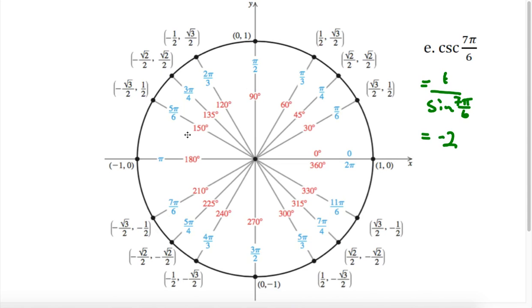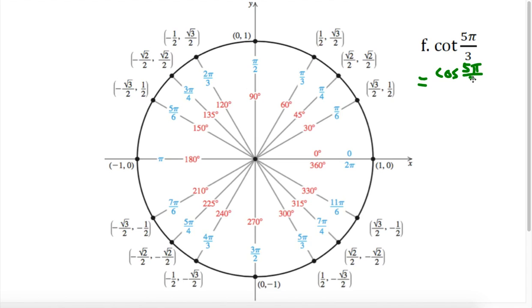Or just negative 2. Our next one asks for the cotangent of 5 pi over 3. So I know that cotangent is the same as 1 over tangent, or if we think about that in terms of cosine and sine, that would be the cosine of 5 pi over 3 over the sine of 5 pi over 3.